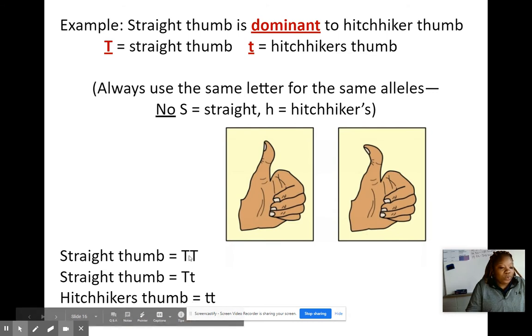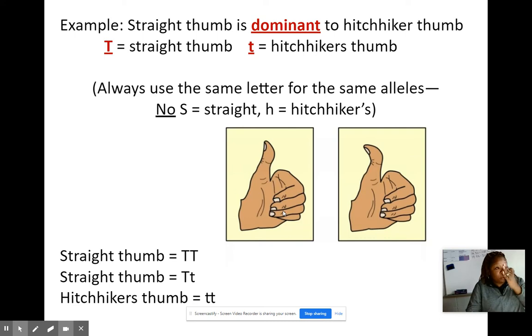We have two letters in each one because for the trait of a thumb, a straight thumb or hitchhiker's thumb, we have two for each one. These are just the possibilities. The reason we have two is that one letter, like the big T written right here, comes from the mother and one letter comes from the father of the human.